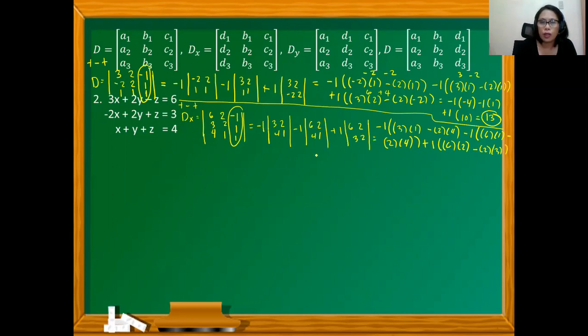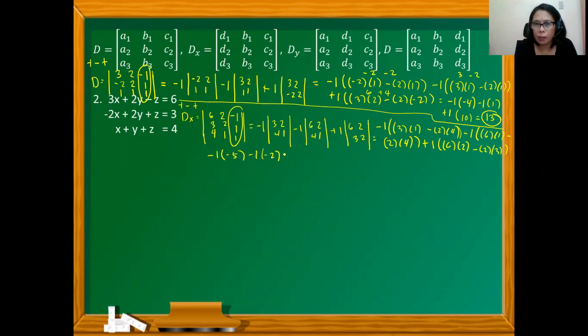So this is equal to negative 1, negative 1 times, so this is 3 times 1 minus 2 times 4. So this is 3 minus 8. And 3 minus 8 is negative 5. And then this is minus 1. 6 times 1. So this is 6 minus 8. So this is negative 2.